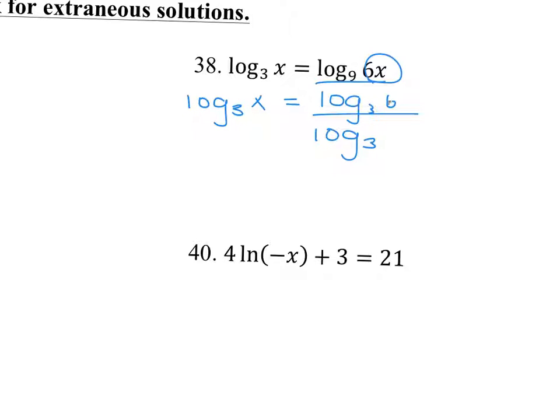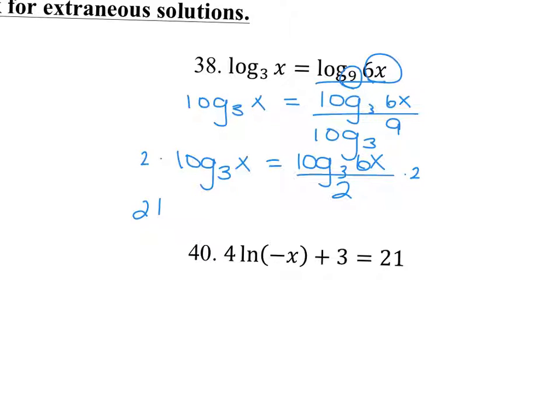This number goes on the top. Your original base is now the denominator. So now I have log base 3 of x equals log base 3 of 6x over log base 3 of 9. 3 to what power is 9? That's 2. Multiply both sides by 2.